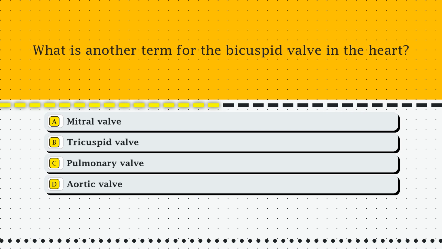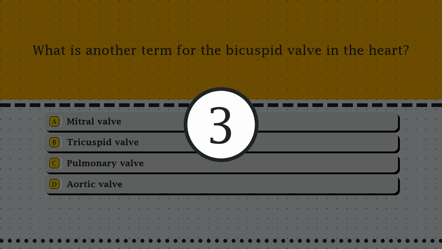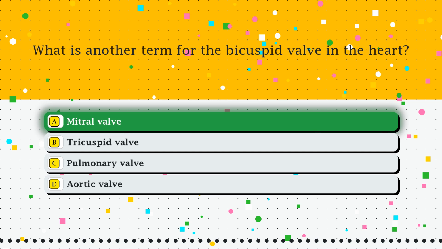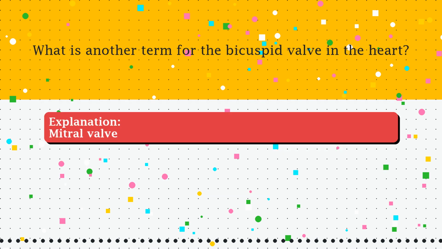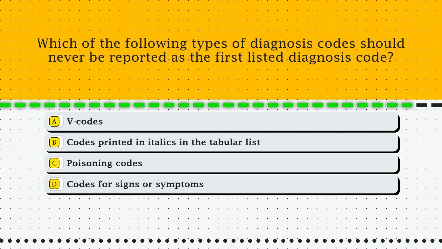What is another term for the bicuspid valve in the heart? Option A, mitral valve. Option B, tricuspid valve. Option C, pulmonary valve. Option D, aortic valve. The correct answer is option A, mitral valve. Question 165. Which of the following types of diagnosis codes should never be reported as the first listed diagnosis code?